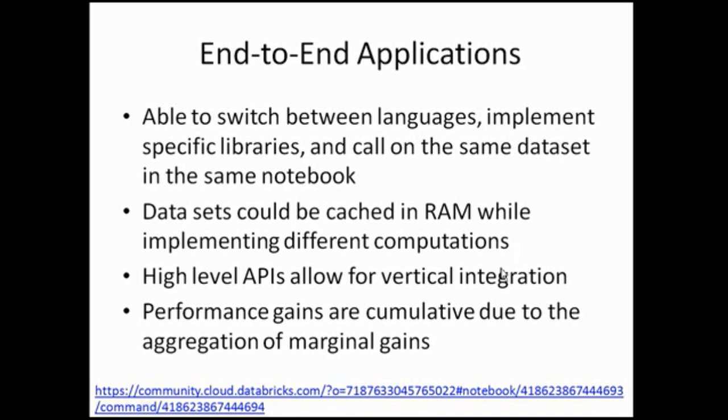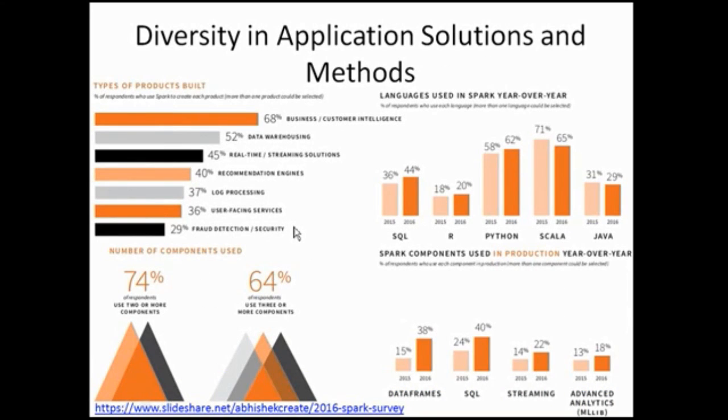These are graphs about the diversity in application solutions and methods. Number one would be business customer intelligence as the type of products built on Spark, and then data warehousing, and then streaming solutions. This is a graphic about how many components a product would use, and most of them would use 2 or more components.